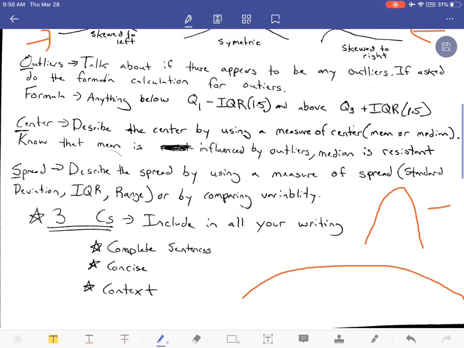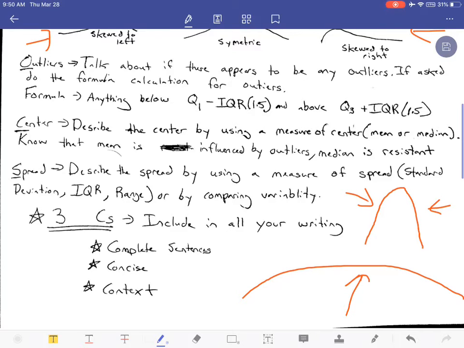I would say this curve has low variability because it's skinny, condensed together, close together. So all of our answers are close together, so there's not a lot of variability in our answers. So we say low variability. If we had a curve like this that we're comparing it against, that's a lot more spread out, so we'd have more variability. So we say that this curve up here has lower variability than this one.